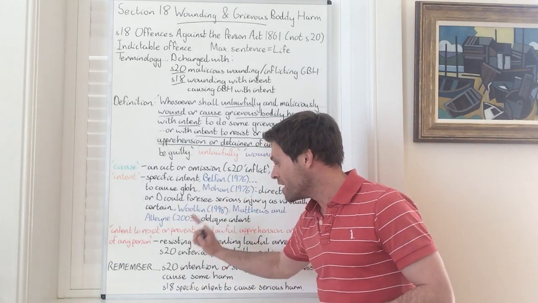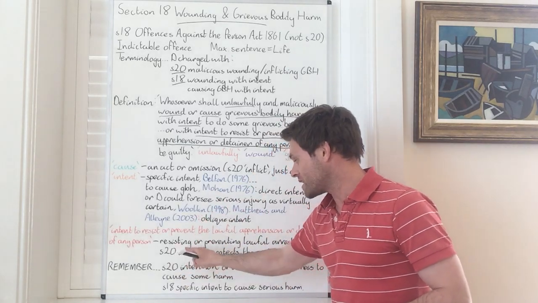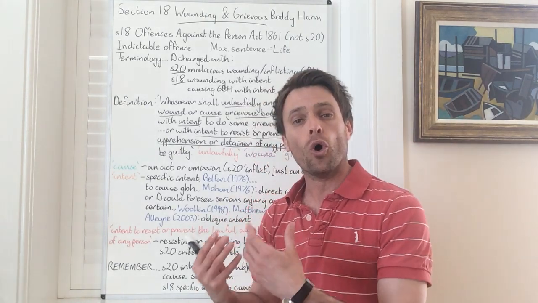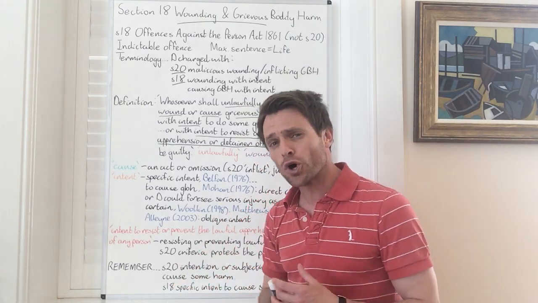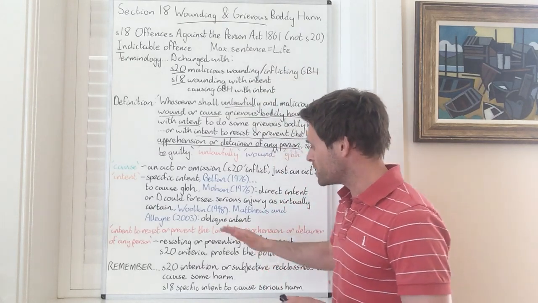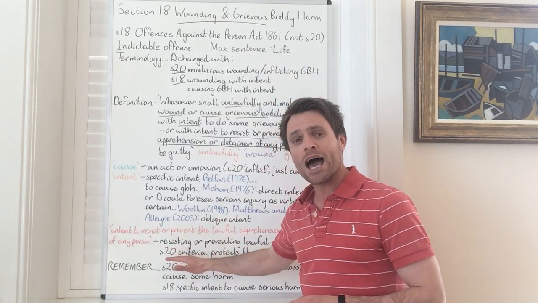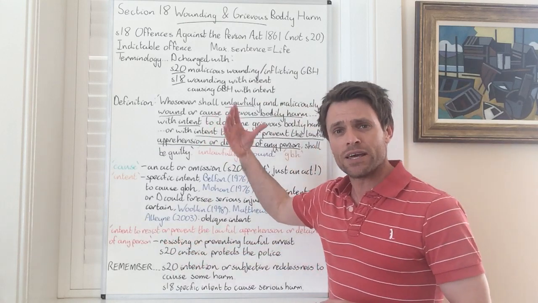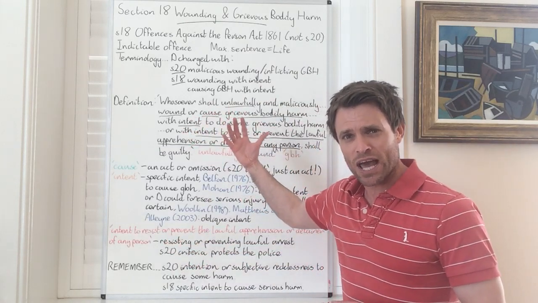So I'll say that again. This is where the defendant resists or prevents lawful arrest either of themselves or of another person. Now, the curious element about this is that some of the criteria for Section 20 appears to apply here, and yet, if you like, it elevates the offence into a Section 18 offence.